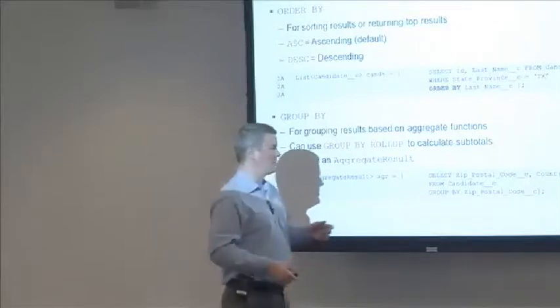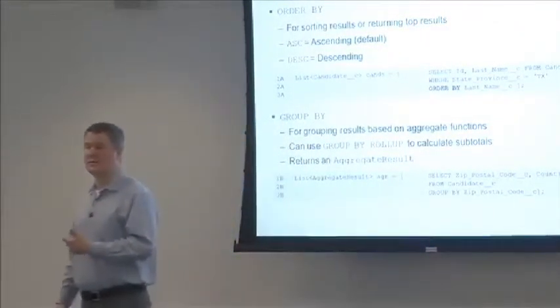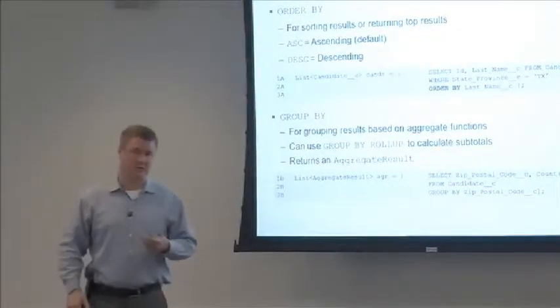Same thing goes for the zip postal code. I'm also going to need to use the get because the AggregateResult doesn't know of a field called zip postal code. So I can't use dot notation in that case. I can't treat it as a concrete type.